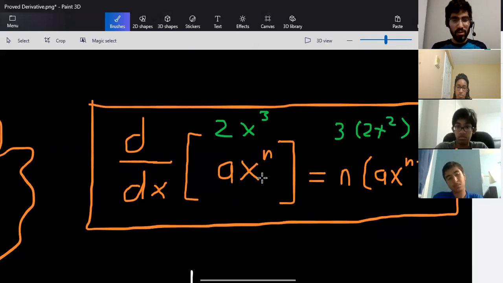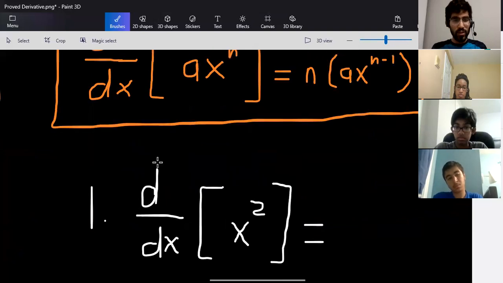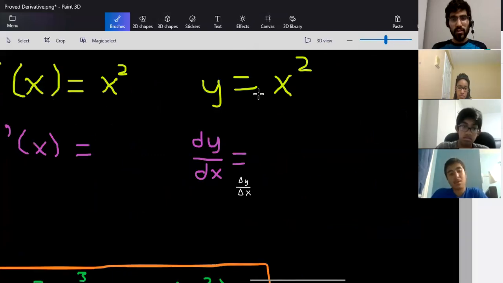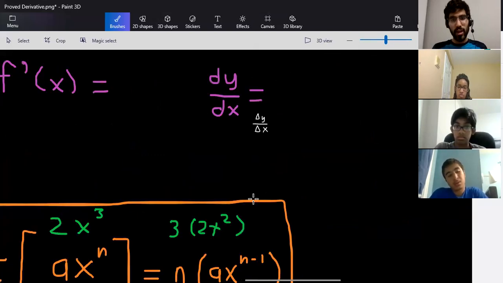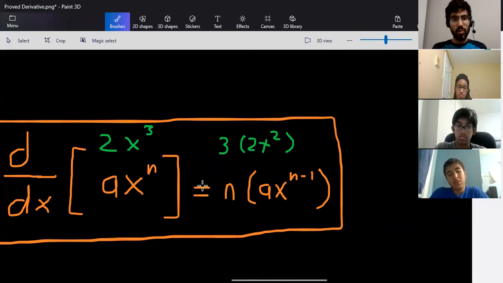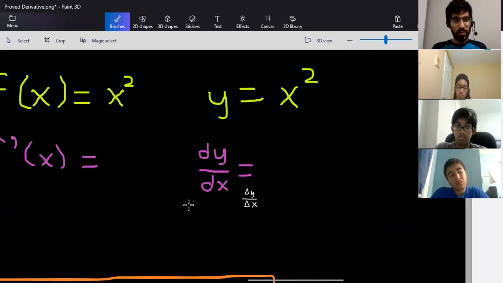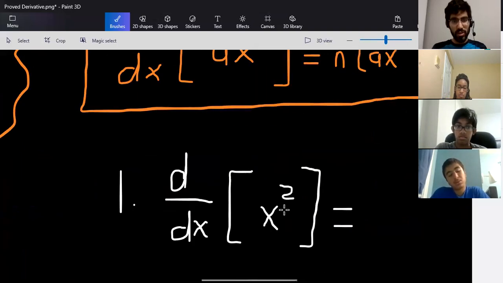So let's just do a few quick examples. d by dx, that's what this reads, d by dx of x squared. Again, we don't have the y defined. If we had a y defined, we could just say, like we do over here, dy by dx. So this square bracket thing just means shove whatever you have here as if you had a y.